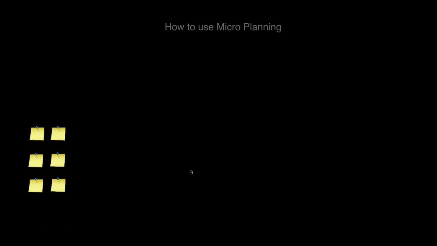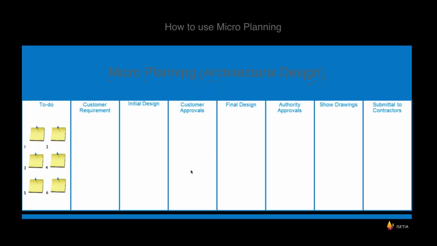And let me show you how to use an ISETIA board in, for example, architectural design. This is how it looks. Let's imagine the to-do as a sticky note. For example, you have 1, 2, 3, 4, 5, 6 to-dos in here, and you are just moving the to-dos on the card.